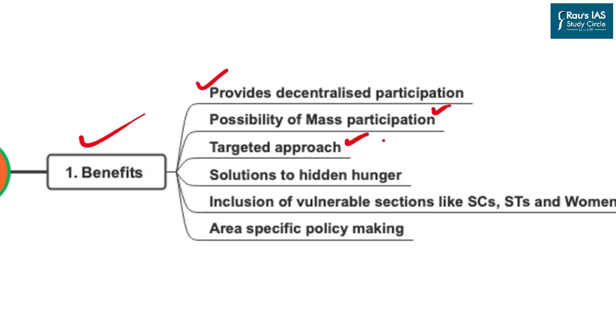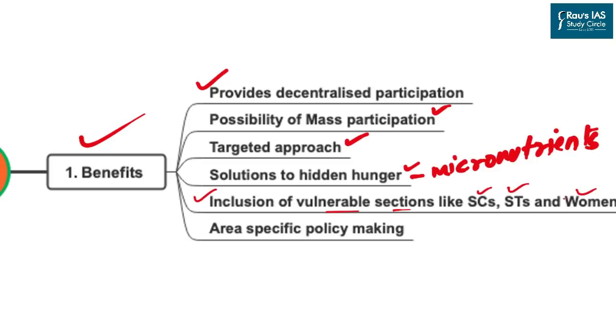So now we know how many people are there in the country, including your rural areas, who are hungry. We will target them, we will provide them food wherever and whenever possible. We will provide the solutions to the hidden hunger, which includes the hunger related to micronutrients. It will also help us to include the vulnerable sections like scheduled castes, scheduled tribes, women, children and others.